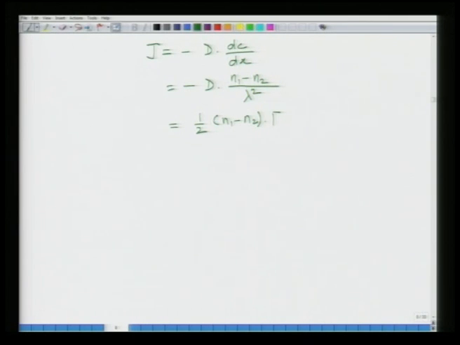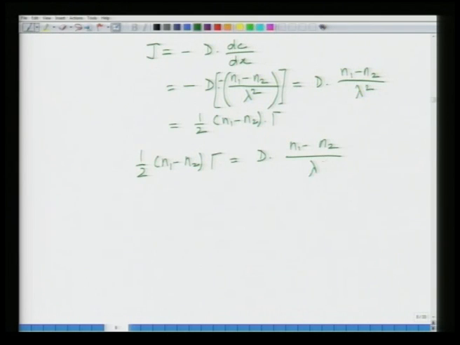Excuse me, there is a certain mistake here. I think, yes, there is a minus sign missing here. So, this would be minus of n 1 minus n 2 divided by lambda square. So, this would become D into n 1 minus n 2 divided by lambda square. So, if you equate these two sides, what you get here is half n 1 minus n 2 tau is equal to D into n 1 minus n 2 divided by lambda square.